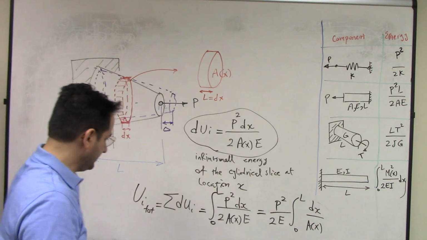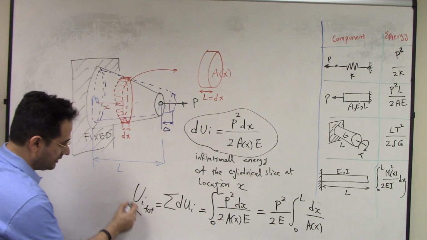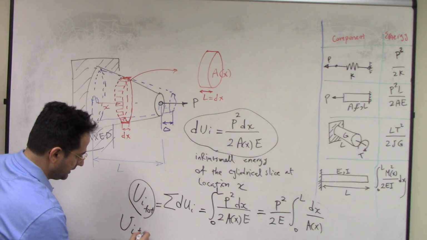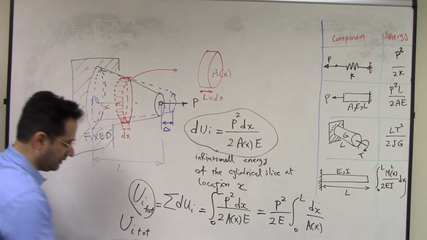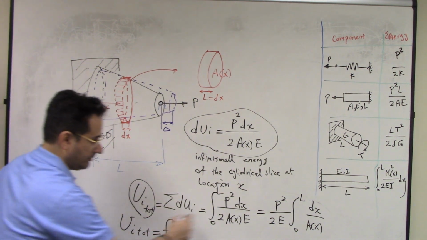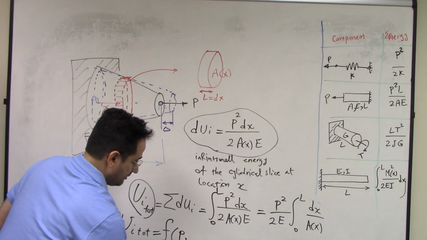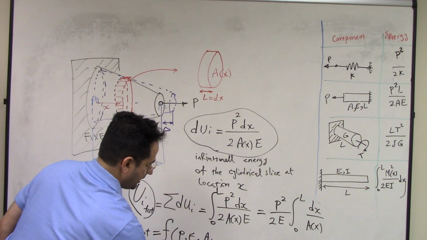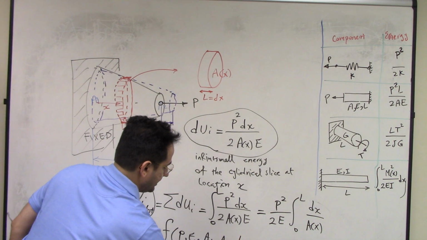So at the end, you get U_I total, the total internal energy, as a function of P, modulus of elasticity, area A1, area A2, and the length.